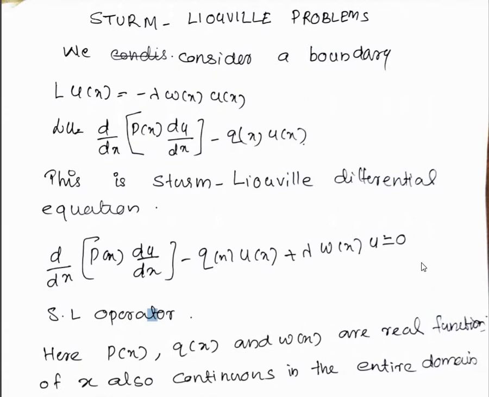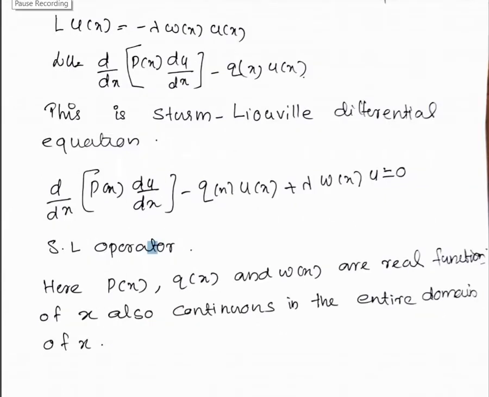This equation is known as the Sturm-Liouville equation. Okay, so SL. So this is the SL equation and the operator is known as the SL operator. So we can find out the values of p(x), q(x), w(x), etc. from these equations.